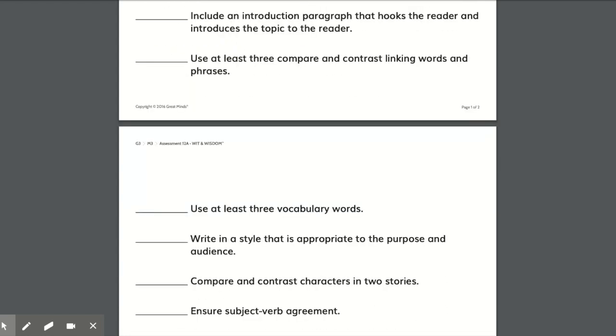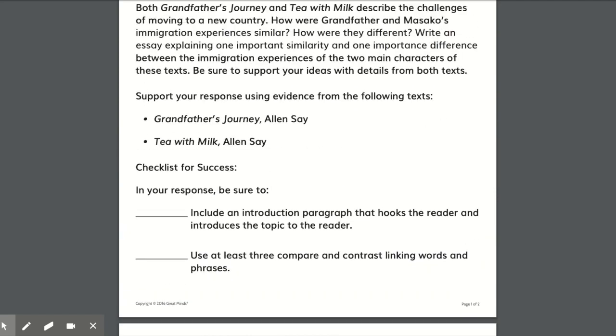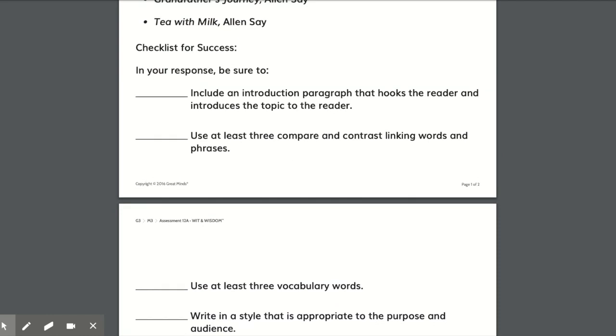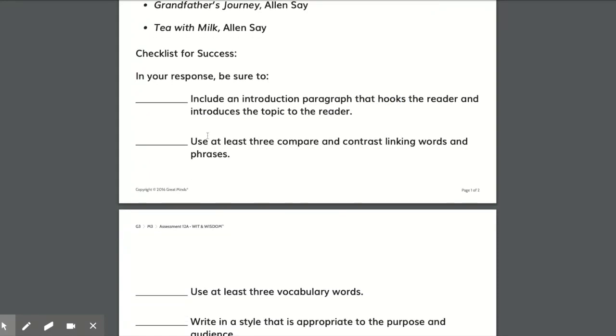All right. Now, here is your checklist for success. I'd prefer you to focus on the questions, but I am going to read through these as they are also sometimes very important. In your response, be sure to include an introduction paragraph that hooks the reader and introduces the topic to the reader. So we know that we learned what hooks are, yes?